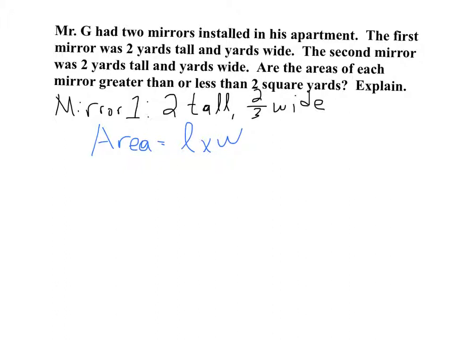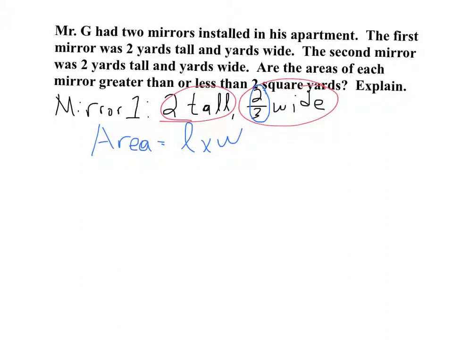So in order to find the area of mirror 1, we have to take the length and multiply it by the width. Now, if we take a look at our width, it's a fraction that's smaller than 1. So when we multiply it by 2, we should end up with a product that's smaller than 2.